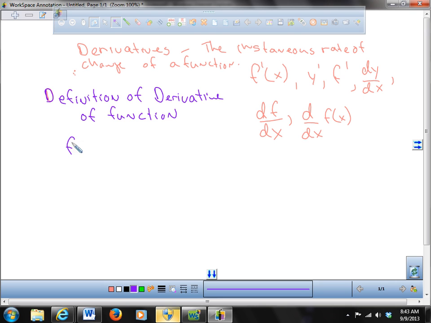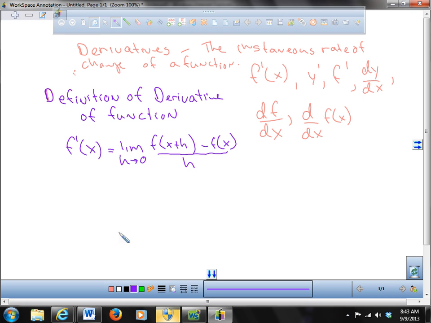Instead of calling it the slope of the tangent line, which we've been calling it, f prime of x is equal to the limit of that function as h goes to 0 of f of x plus h minus f of x over h. And this is to find the general equation of a derivative.